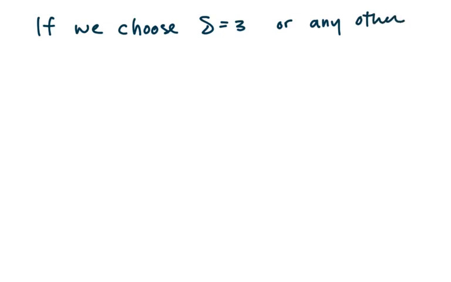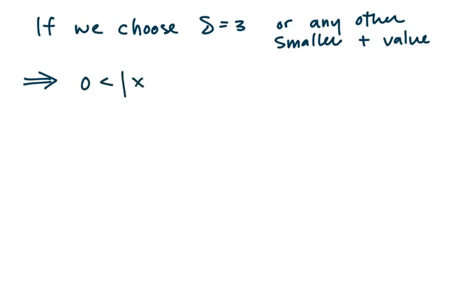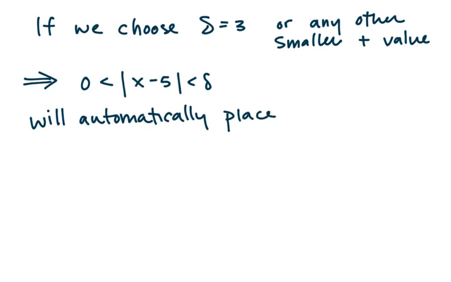What we're saying here is that if we choose delta to equal 3 or any other smaller positive value, then the inequality 0 less than x minus my c value, which was 5, less than delta, will automatically place x in that interval between 2 and 10.